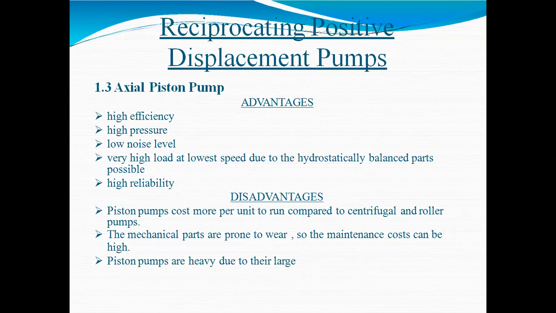And again, we have mounted a number of pistons, so because of that there is more wear and tear, and due to that the service or maintenance cost is high as compared to other pumps. And they are again heavy in size.